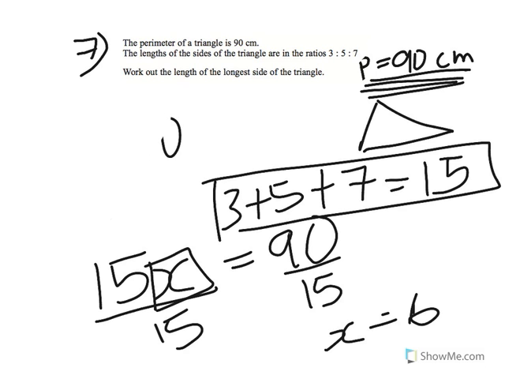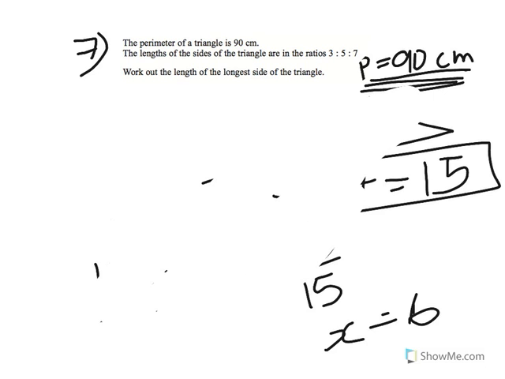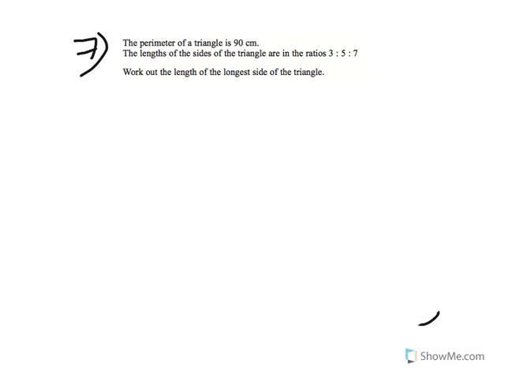Alright? Now that we know x is equal to 6, we can determine the length of the longest side. The longest side should have the largest ratio, meaning the largest number. It's 3:5:7, so 7 should obviously be the longest side. Now, it's 7 over 15, because there are 15 parts and 7 parts belong to the longest side.